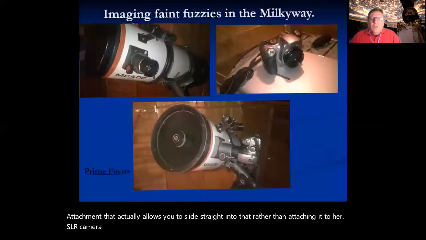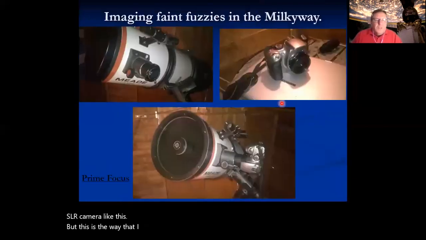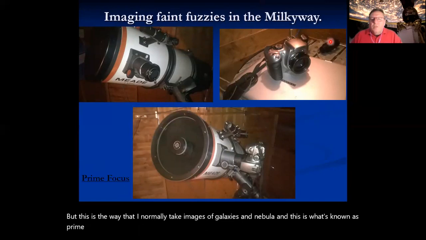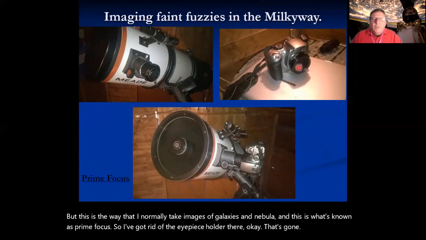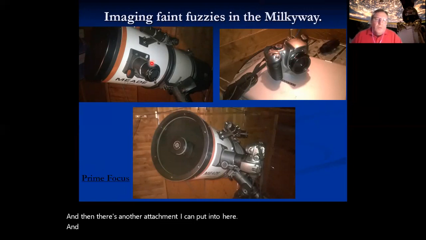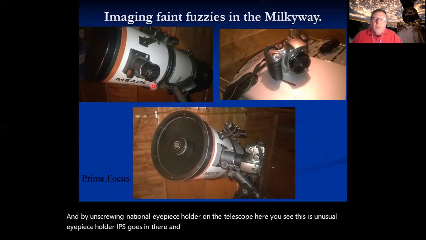But this is the way that I normally take images of galaxies and nebulae, and this is what's known as prime focus. So I've got rid of the eyepiece holder there. Okay, that's gone. And then there's another attachment I can put into here. By unscrewing the actual eyepiece holder on the telescope, you can see this is an unusual eyepiece holder. The eyepiece goes in there and locks in with those two grub screws. Take that away and I can screw that straight onto the telescope like this.